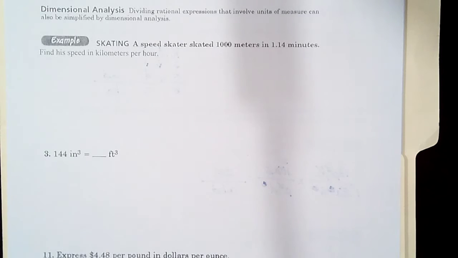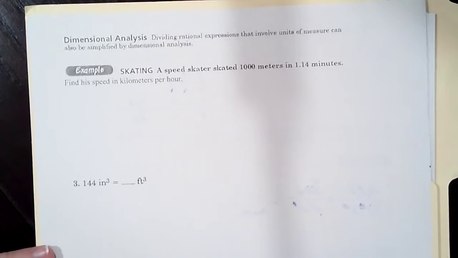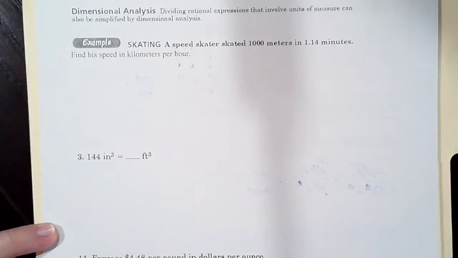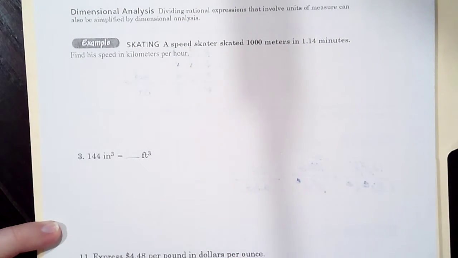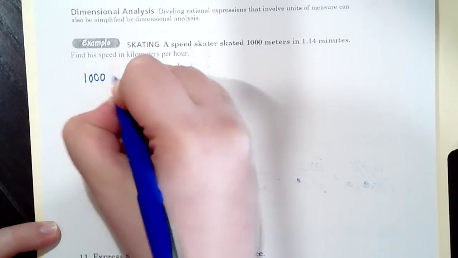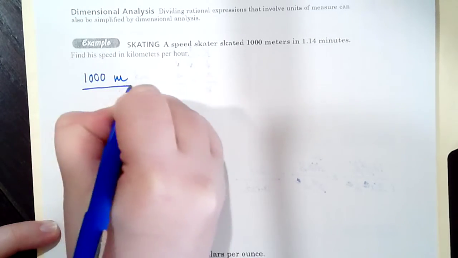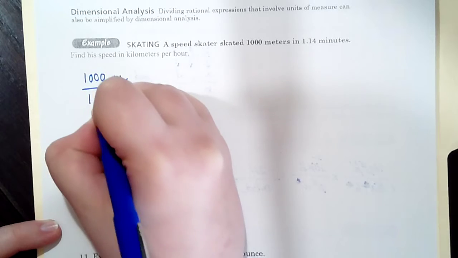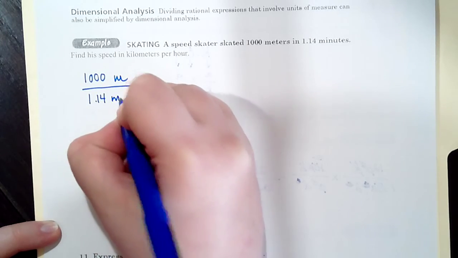A speed skater skated 1,000 meters in 1.14 minutes, and it asks us to find his speed in kilometers per hour. So the way that I like to set up my dimensional analysis problems is this. I first write out the fraction that I have to start out with, and that would be 1,000 meters per 1.14 minutes.